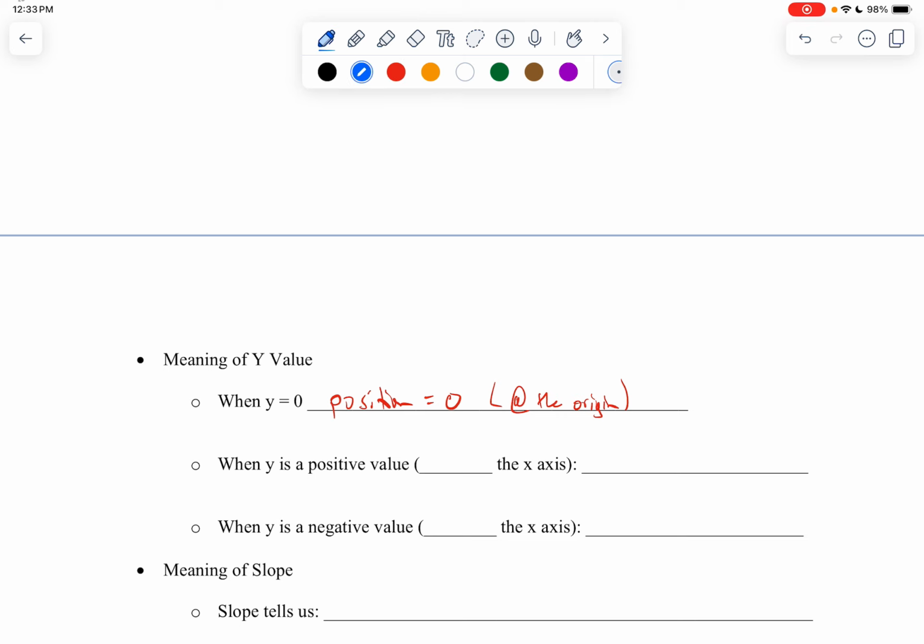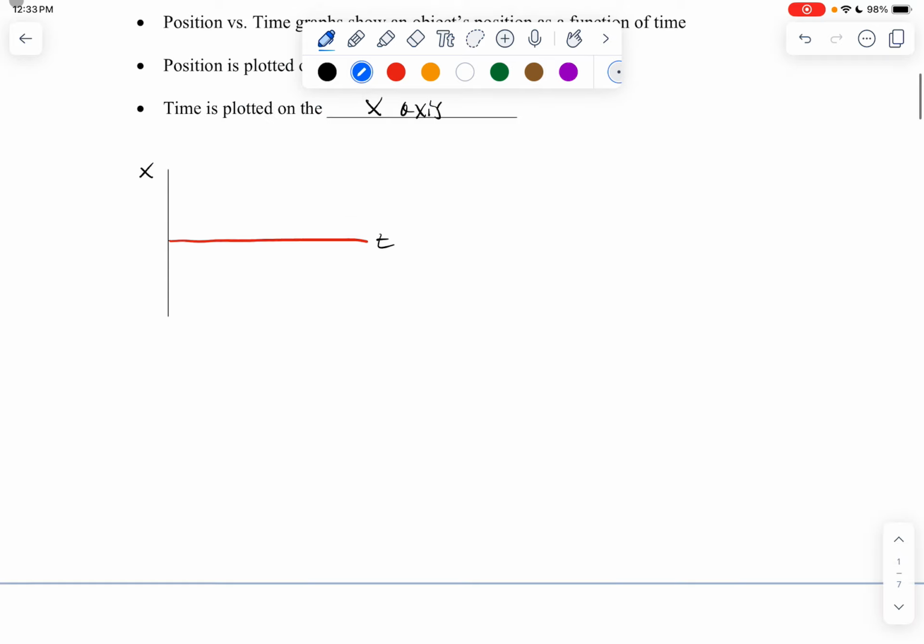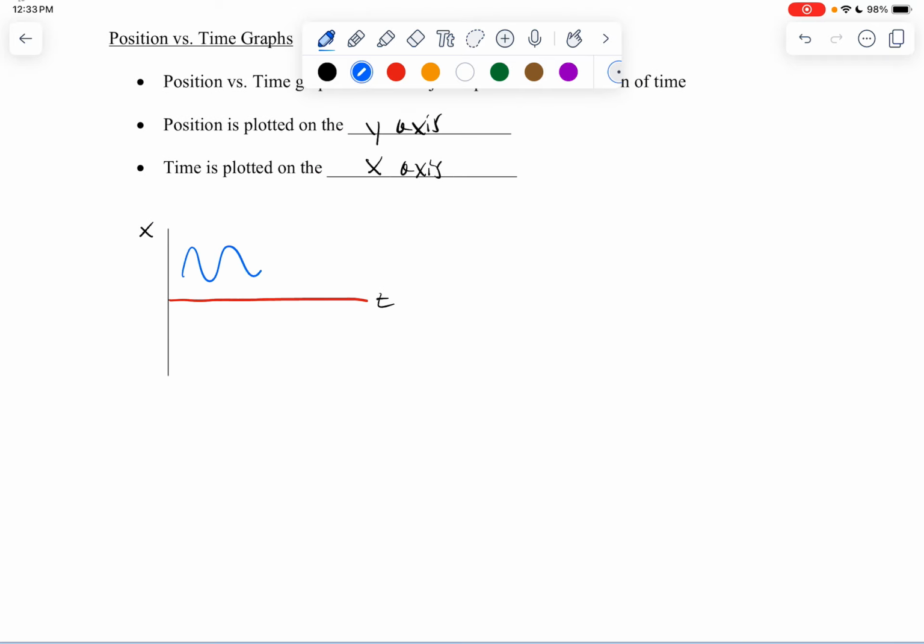In the case in which we have a positive y value on these position versus time graphs, we're looking at any section that's above the x-axis. Anytime our graph is in this region above, it basically means that we're going to be located in the positive direction relative to our origin. Sometimes we might refer to this as the direction moving to the right.